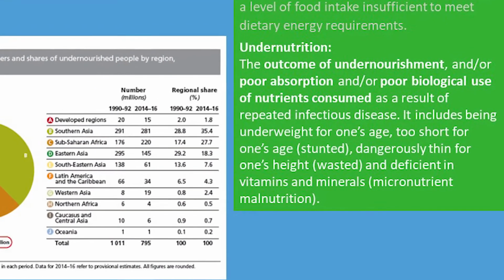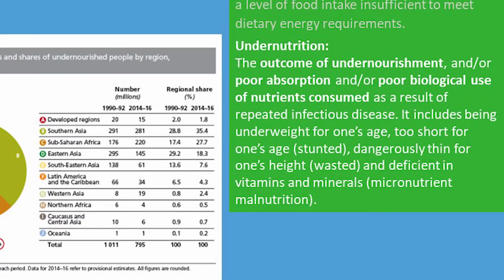Basically, you don't have enough food to meet dietary energy requirements. Undernutrition, then, is the outcome of undernourishment, either because of poor absorption or poor biological use of nutrients, so this can also be partly linked to disease or other more health-related issues.